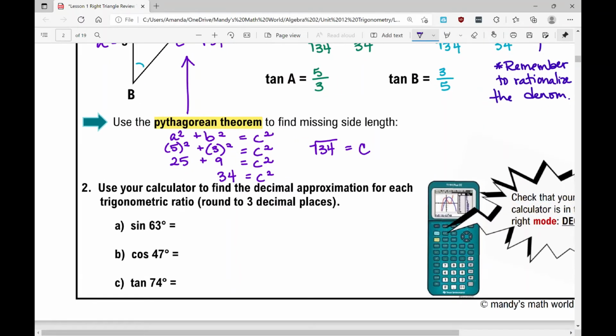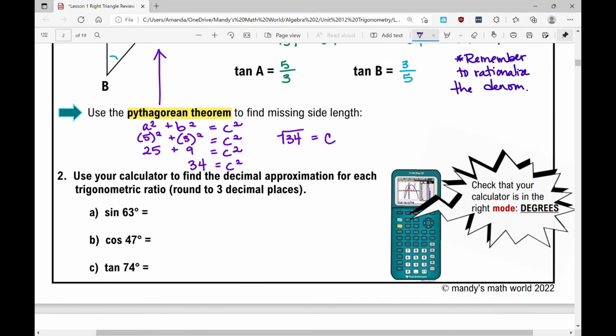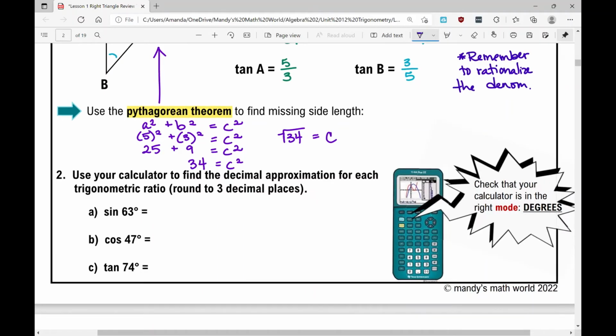What I want you to do is grab your TI-83, or if you're in Desmos, make sure that you have degree highlighted. So what we're going to do is use our calculator to find the decimal approximation for each trigonometric ratio, and then you're going to round to 3 decimal places.